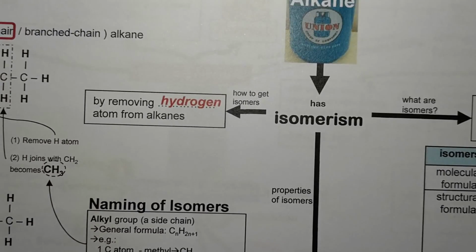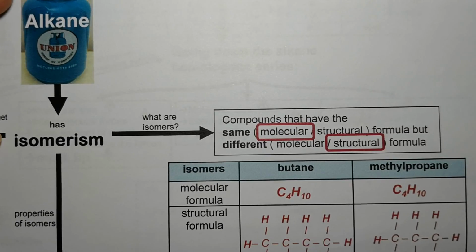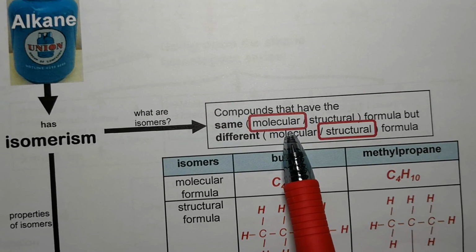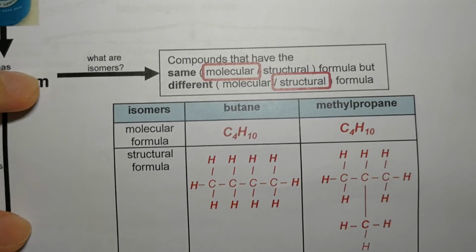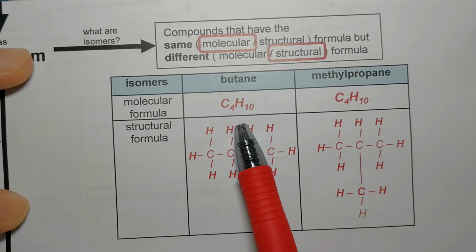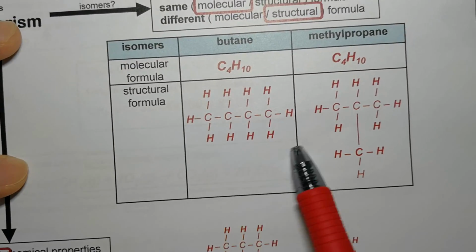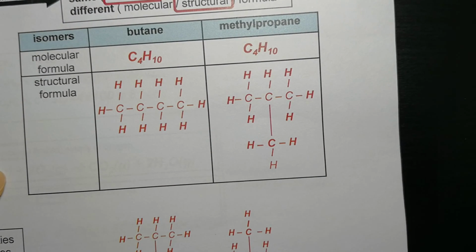This is isomerism. What do we mean by isomerism? Isomers are compounds that have the same molecular formula but different structural formulas. For example, you have butane, C4H10. This is the structural formula for butane. Now this butane, I can also draw it like this.